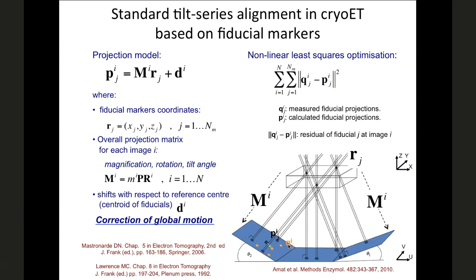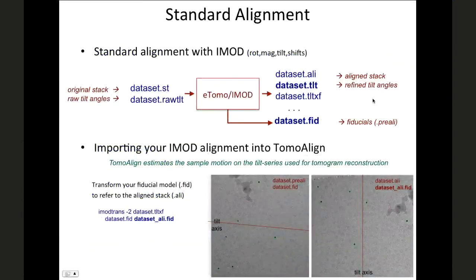We normally carry out this step with IMOD, which is the standard package, very robust. It uses the original stack and the raw tilt angles as the input, and at some intermediate step, the fiducials are picked either manually, automatically, or semi-automatically.